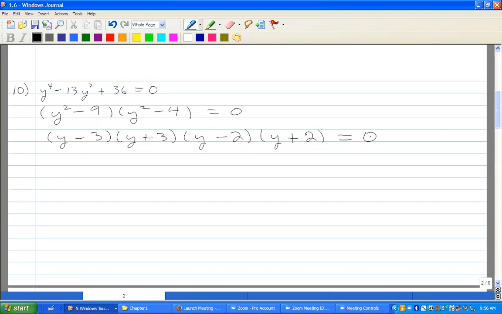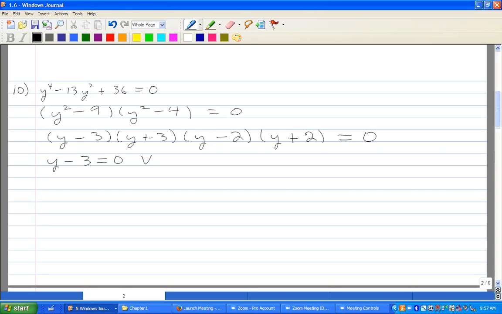So now I've factored it into a whole bunch of linear terms. I can use the zero factor property, the fact that the integers are an integral domain, to solve this.